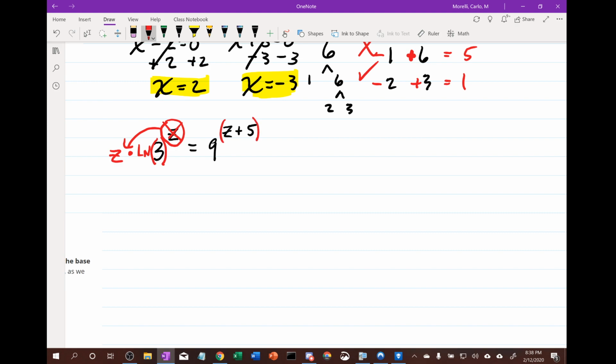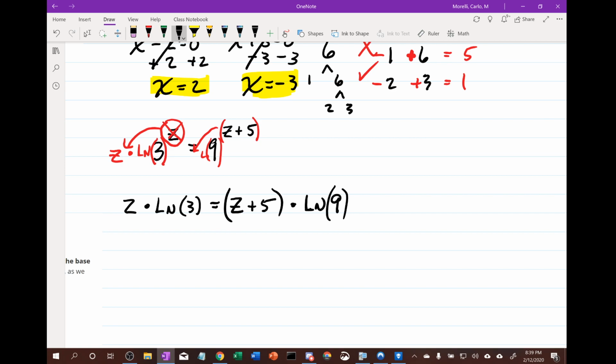We're going to take this and bring it down here, and multiply that times the natural log of 9. All right? So let's do that. The next step would be z times ln of 3, and that equals z plus 5, in parentheses, times the ln of 9.